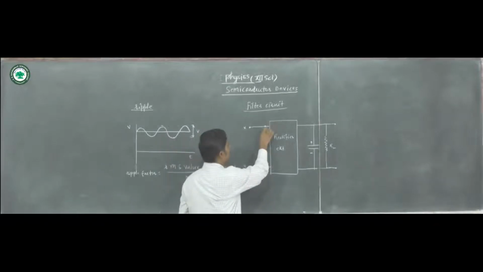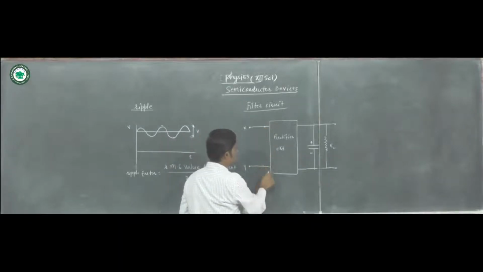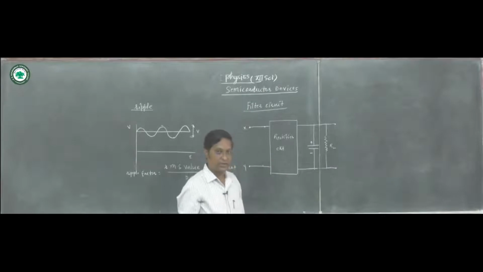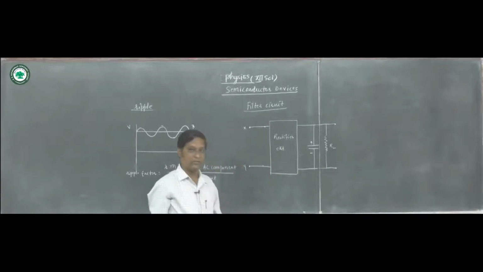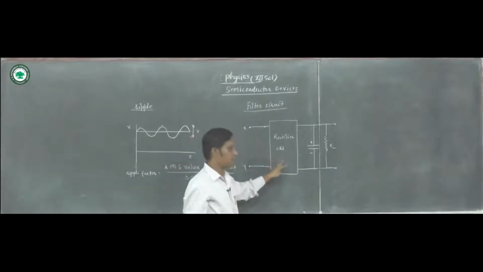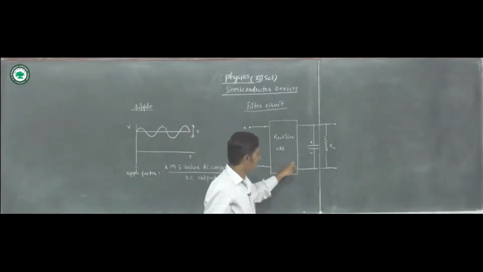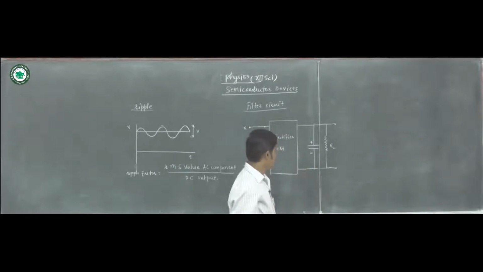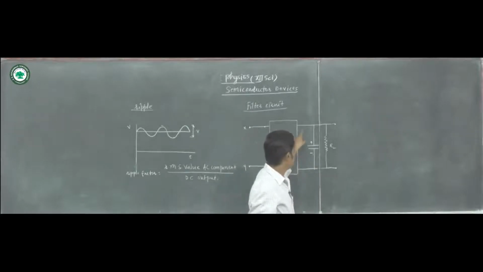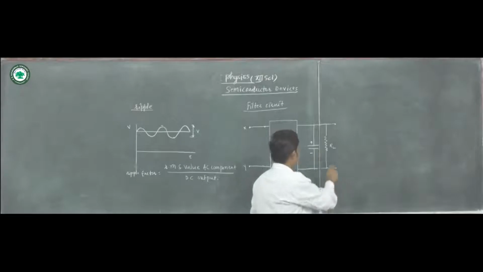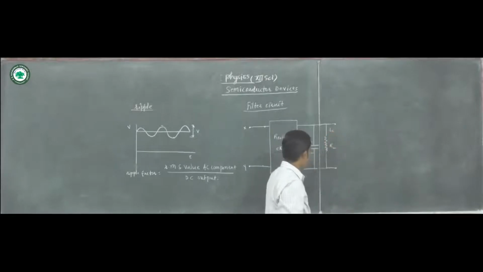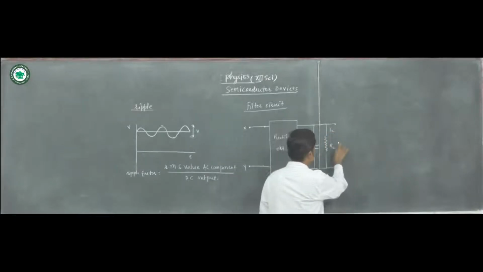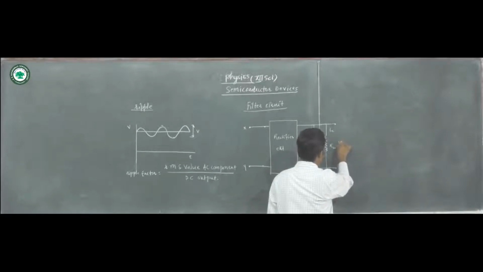The AC input is given to this rectifier circuit, which we have studied, the half wave rectifier and full wave rectifier. After that rectifier circuit, one capacitor is used, and the output voltage is taken across this load resistance.